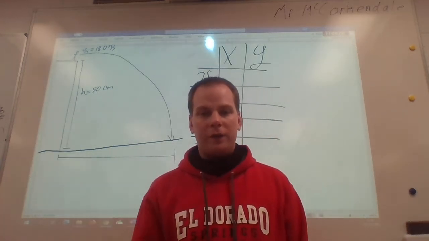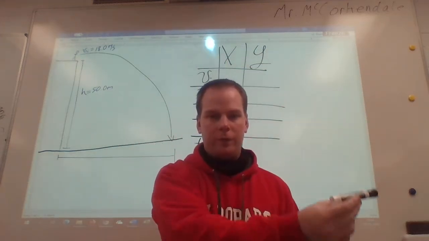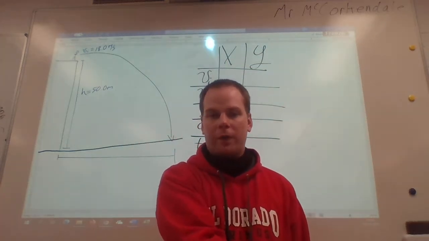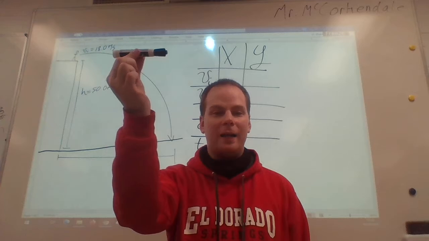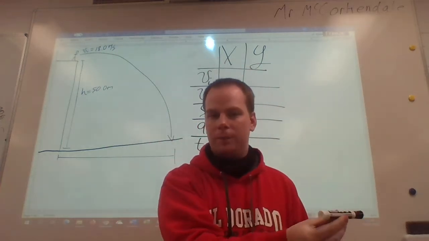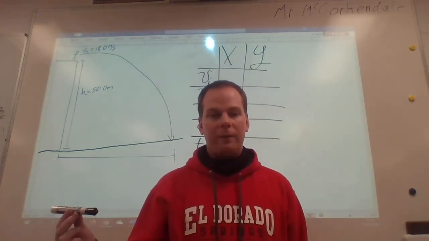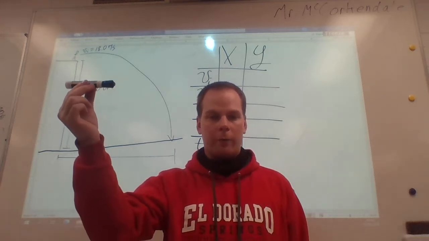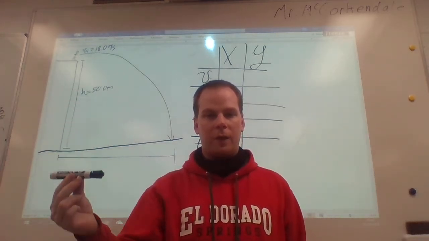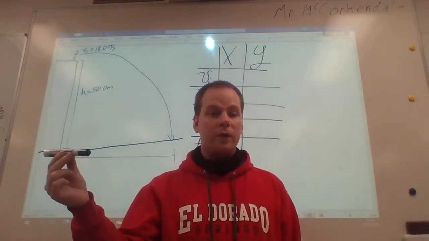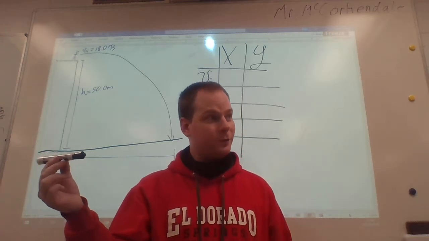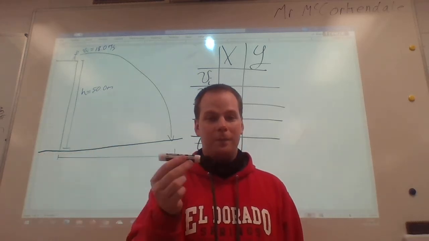If I toss this marker and it travels in an arc as a projectile, it is going to have a vertical motion where it rises, stops, and then comes back down, and it's going to experience a horizontal motion where it travels to the side in a straight line.